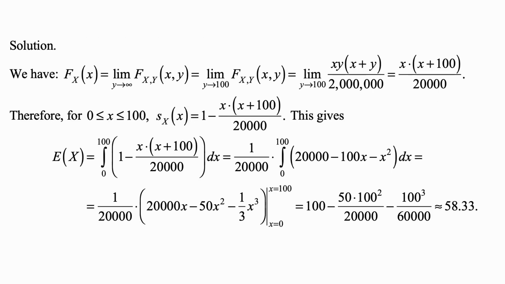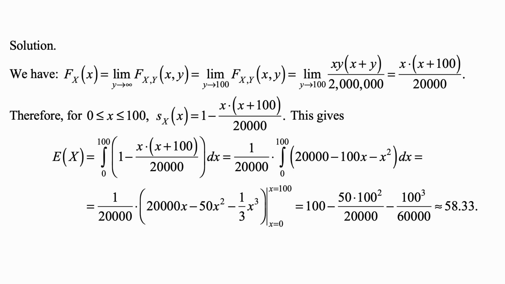And here's the solution. So we find the cumulative distribution function of x by taking the limit as y goes to infinity of the joint cumulative distribution function. But of course, the only values of x and y in both cases are between 0 and 100. So the cumulative distribution function reaches that limit when y already goes to 100.